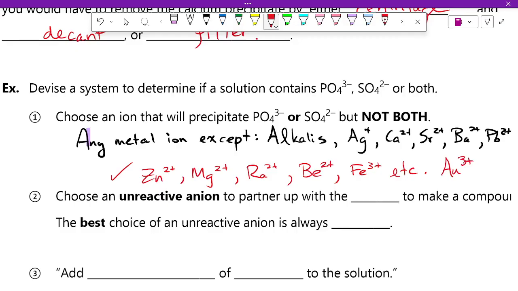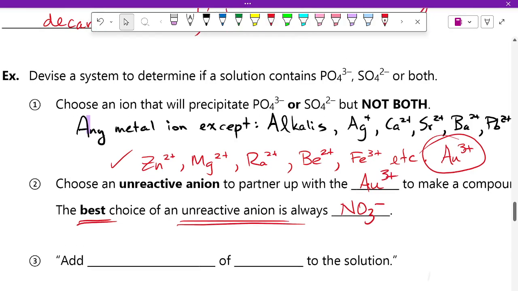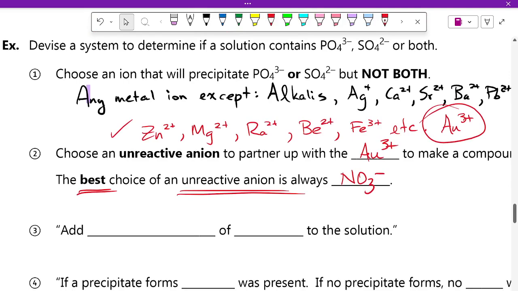Okay. So who are we going to pair up with gold? NO3-, because NO3- is soluble with everything. The best choice of an unreactive anion is always NO3-. So to partner up with the gold, we need NO3-, and so we will add how much?